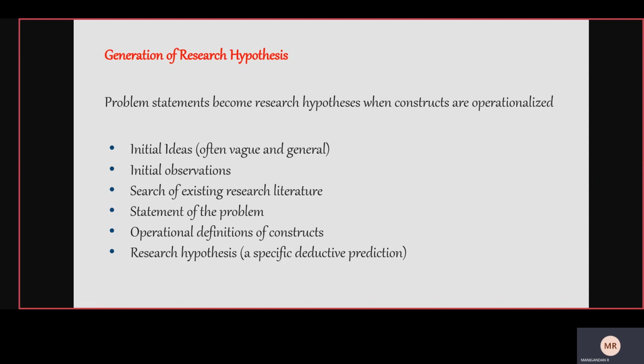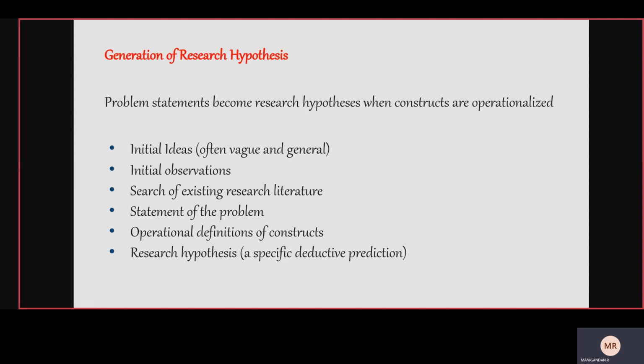First is the initial ideas. Every person has to frame initial ideas in a constructive manner. Next is the initial observation. What observations have you made? Then you need to focus on the third step, a search of the existing research literature. How has the existing literature been framed, and how can it be changed to the recent scenario?